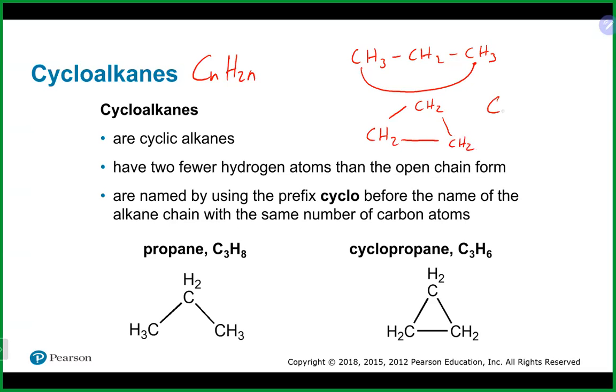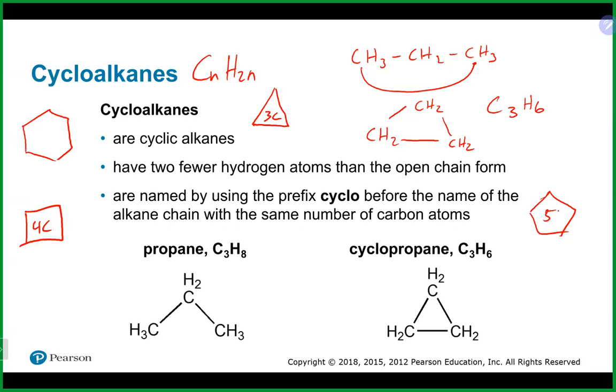that has 3 carbons and 6 hydrogens. These are typically ones that make geometrical shapes, like a triangle and, in line structure, a square. Go look at like this. So this is a 3 carbon, 4 carbon, 5 carbon ring, and 6 carbon.